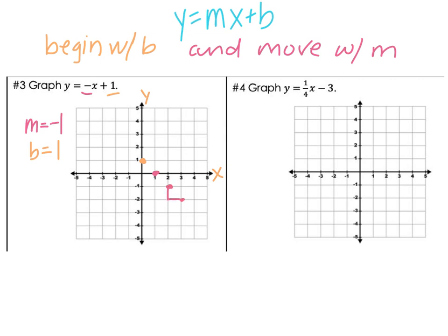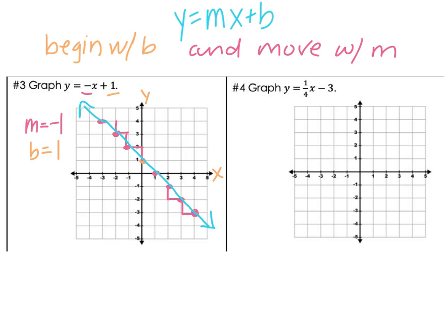You could also go in the other direction: rise 1, left 1. And notice how my line is negative. It's going down as we go across our graph.